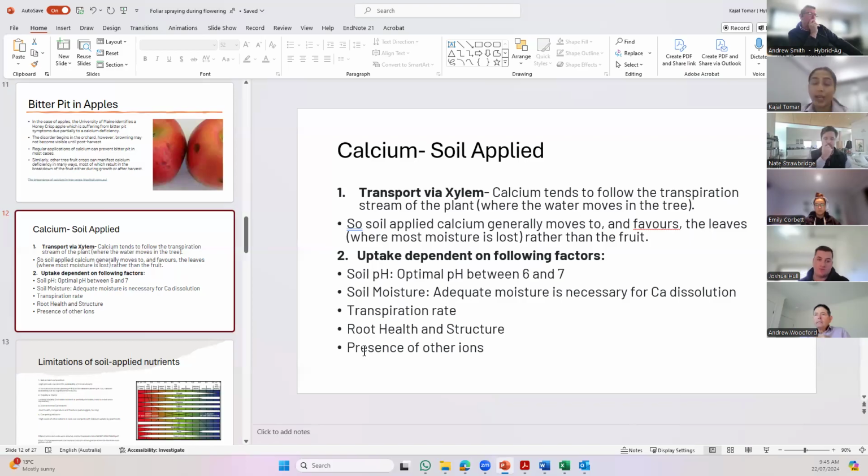Presence of other ions: if there are other ions in the soil, as we may have come across looking at a lot of soil tests in recent times, potassium, magnesium, sodium, the presence of all these cations will impact the uptake of calcium.